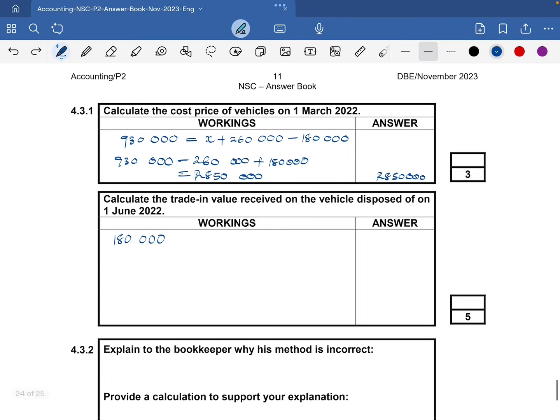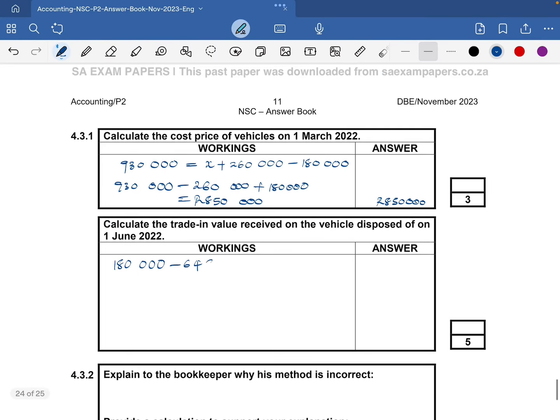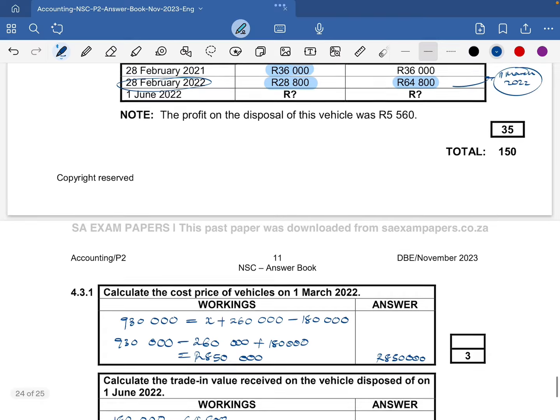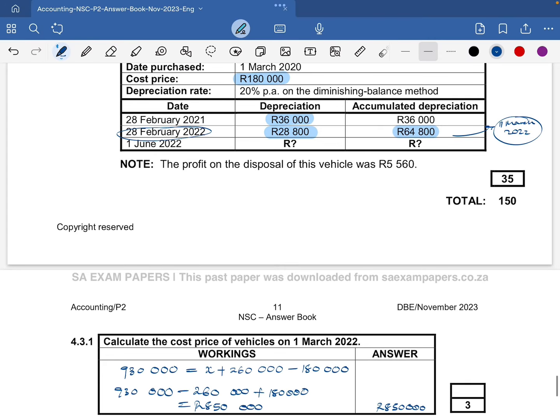We also need to note that it is 20% per annum on the diminishing balance method. So we're going to say minus the 64,800, which gives us a carrying amount of 115,200. We're going to take that carrying amount multiplied by 20%, but the depreciation cannot be the full 20% because we sold it in June, so we didn't use it for the whole year. Then we're quickly going to do a timeline.